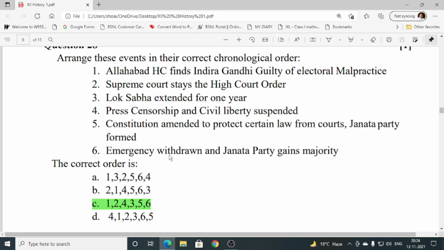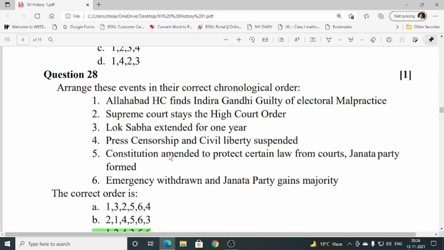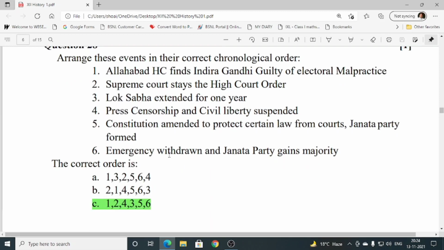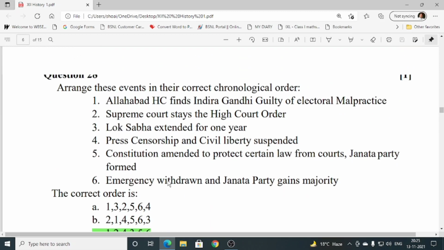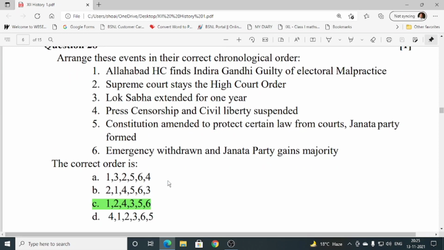Now number 22, arrange these events in their correct chronological order. Once again, in a chronological order you have to arrange it. So you can see I have marked it 1, 2, 4, 3, 5 and 6. First one is 1, Allahabad High Court finds Indira Gandhi guilty of electoral malpractice. Then 2, Supreme Court stays the High Court order.